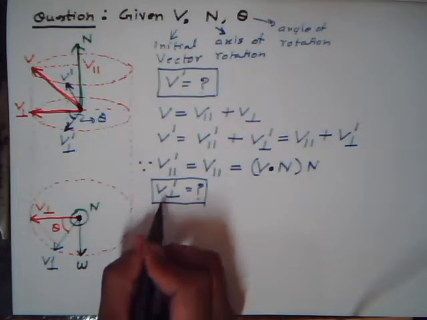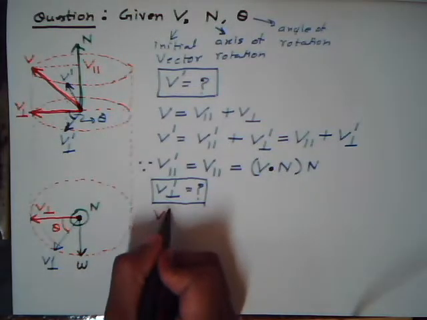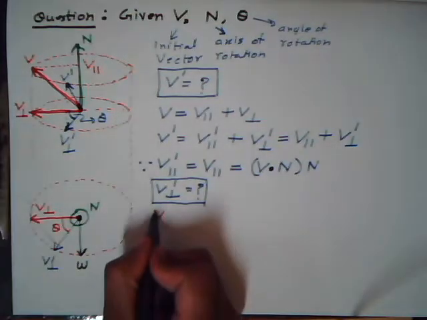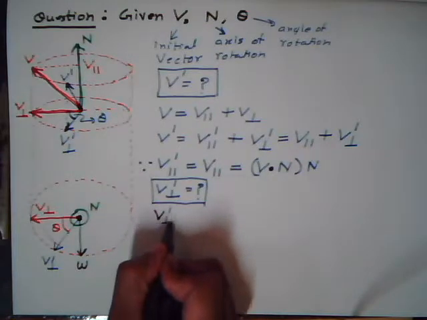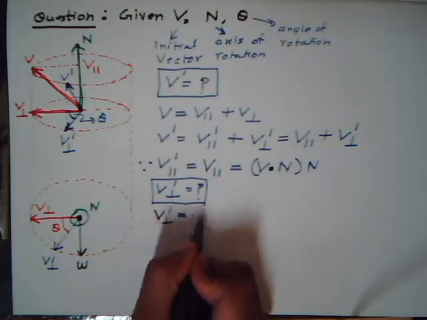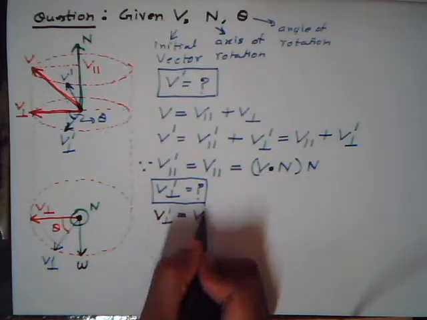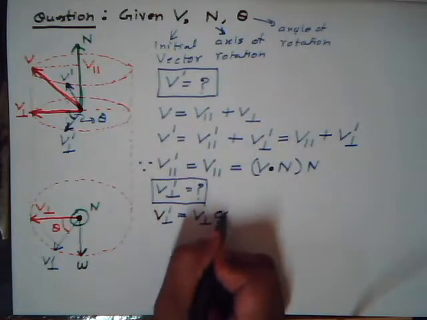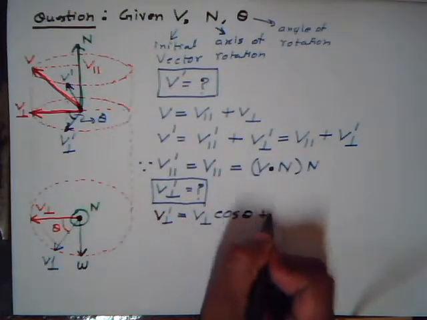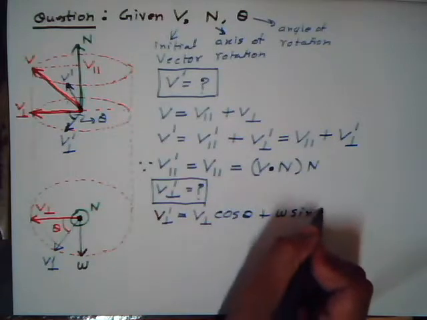Therefore, I can write v prime perp as v perp cos theta plus w sin theta.